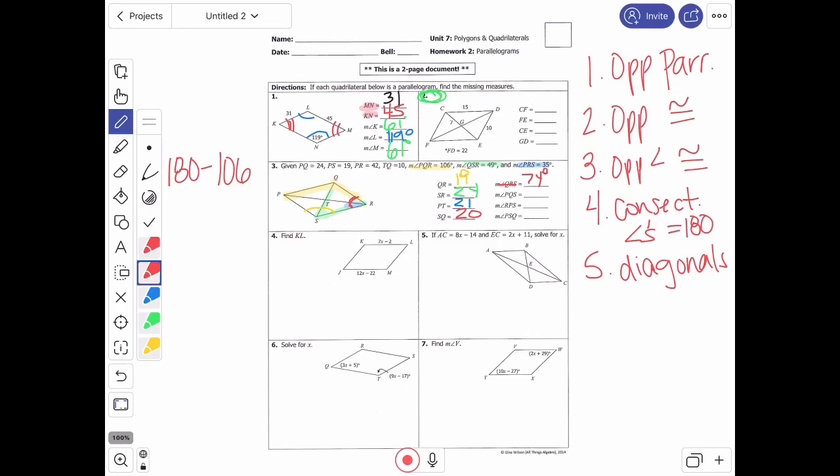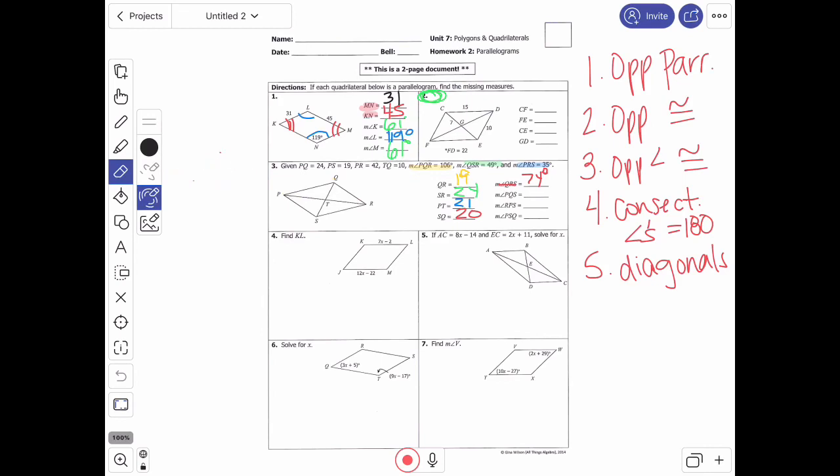Then if I want to find angle PQS, that would be just this guy. I'm going to erase some of this, sorry. Angle PQS is just this part.